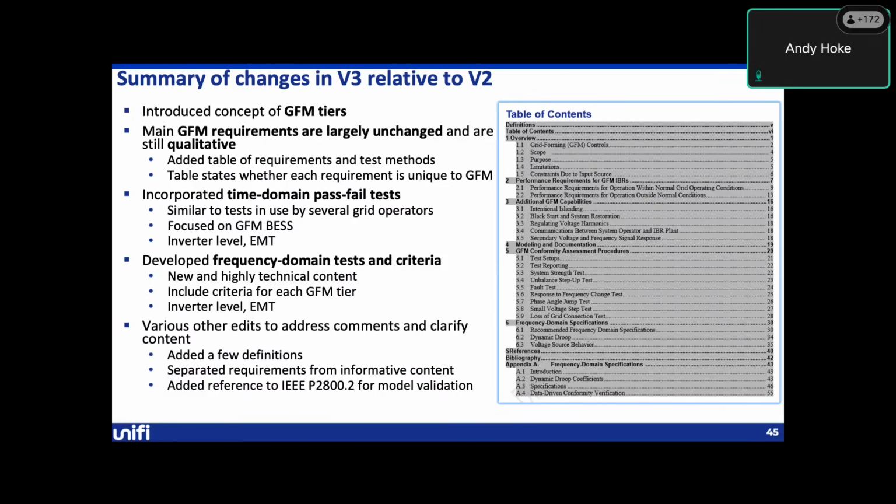What a frequency domain test means is that you inject perturbations into the IBR model at different frequencies and see how it reacts. And you create a transfer function across a range of frequencies, quantifying how the IBR reacts. And you put requirements on what that transfer function needs to look like in order to meet the grid forming criteria. So we have new content developed by UNIFI.